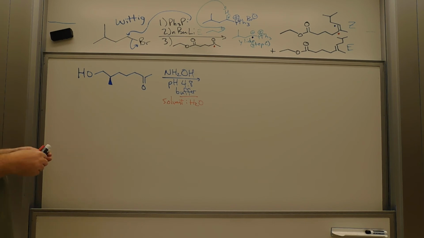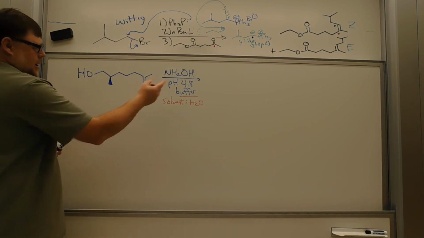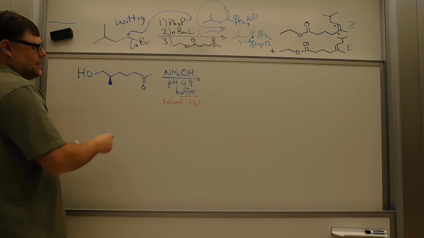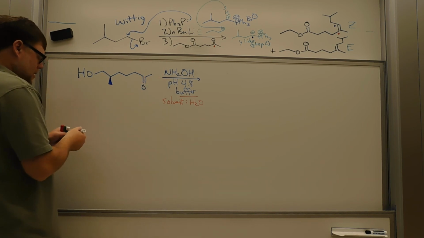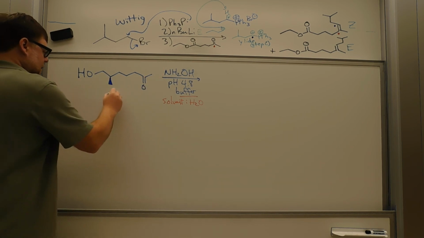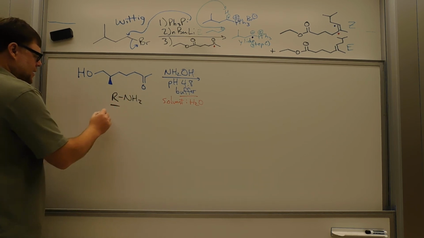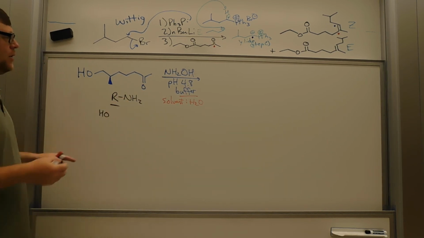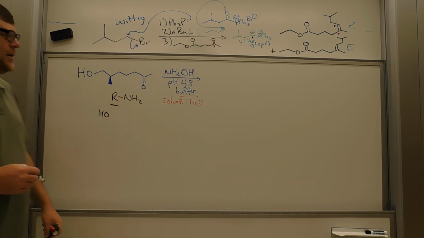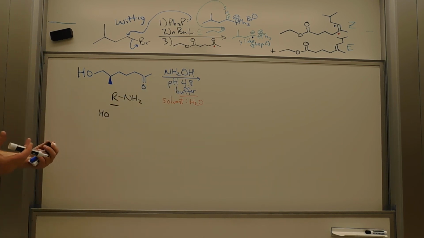And so what's going to happen is under slightly basic conditions, amine nucleophiles, so this is true for basically anything like this. R in this case is OH. One other thing I wanted to point out, a lot of people see OHs and think, oh, that's an anion, it's hydroxide, right? That's the first way you guys see OH, is as a hydroxide.